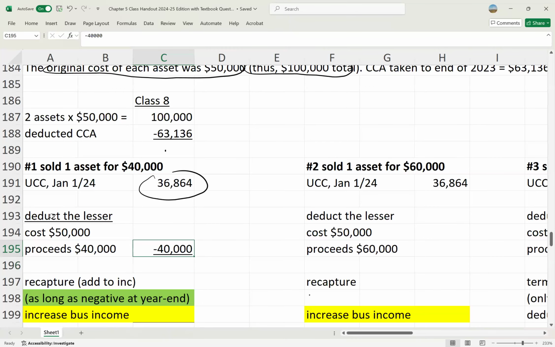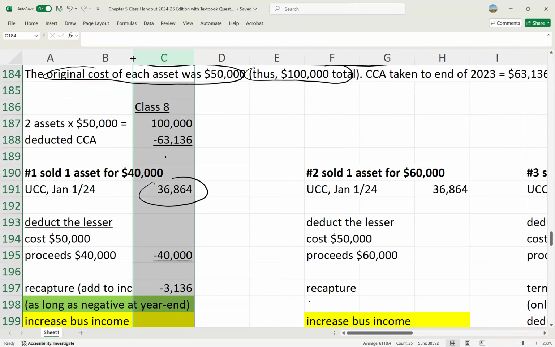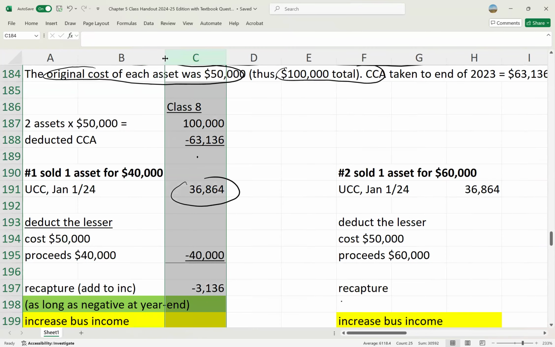We subtract that from the 36,864, and we're left with a negative balance of 3,136.